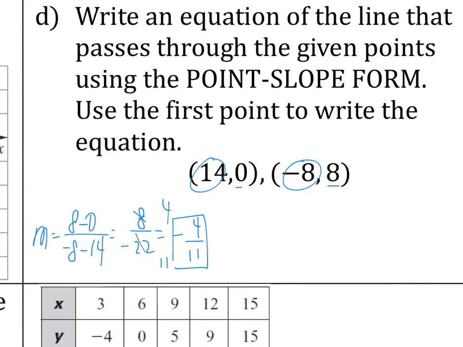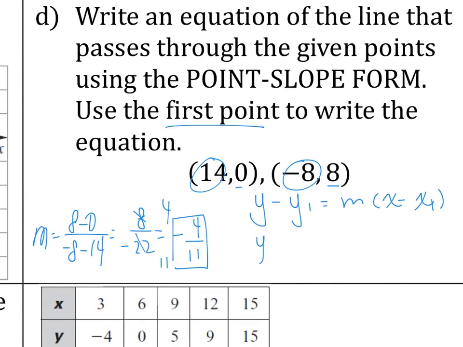And now it says to use the first point, so I'm going to set it up. I'm going to rewrite y minus y1 equals m times x minus x1. Now, you don't have to write this if you don't want to. I'm just writing it to show you what I'm doing.